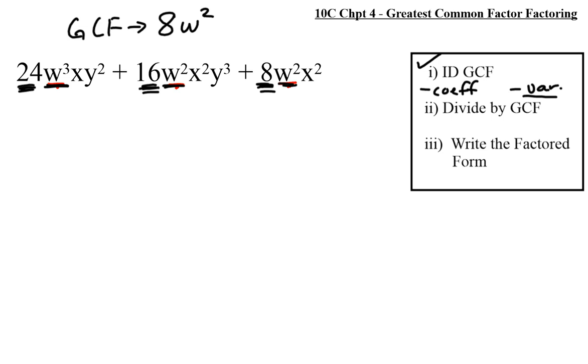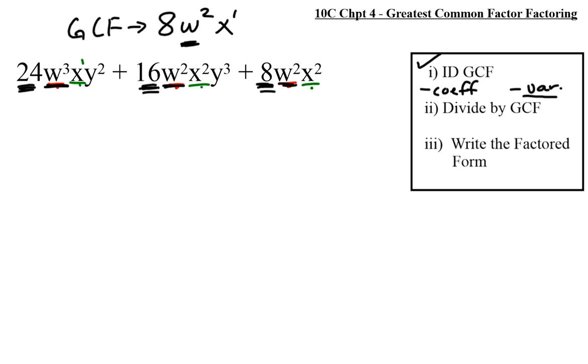So the greatest factor that's common to all of them is a w squared. And now we just keep doing the same thing with all the variables. Here we have an x to the 1, an x squared, and an x squared. What are the most x's that could be factored out of each term? 1x, 2x's, 2x's. Well, the most that can be pulled out of each of them is an x1. So x1 is part of our GCF.